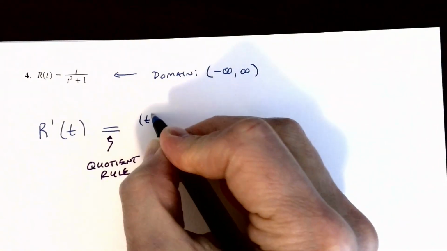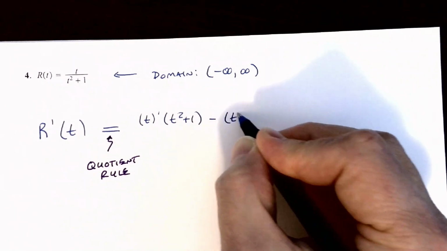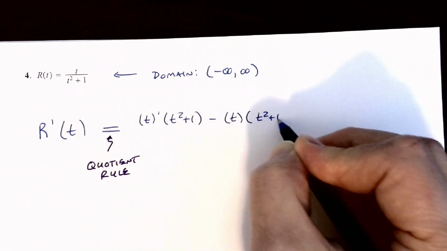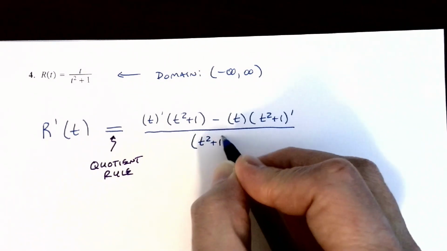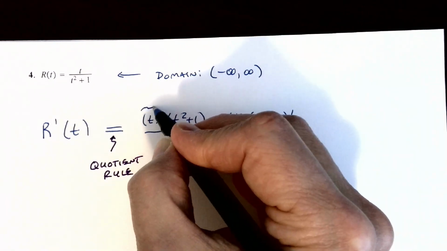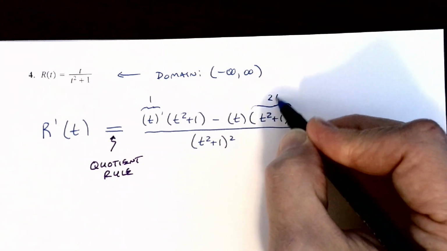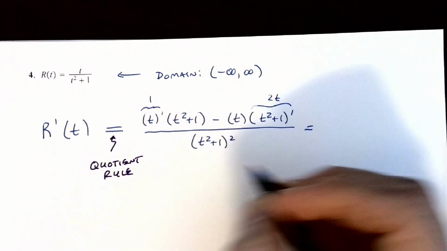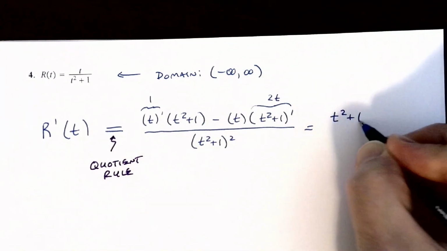So remember how that works, the derivative of the top times the bottom minus the top times the derivative of the bottom, all over the bottom squared. Derivative of t with respect to t is 1. Derivative of t squared plus 1 is 2t. And what do we have up top here? We've got t squared plus 1, right? 1 times that.